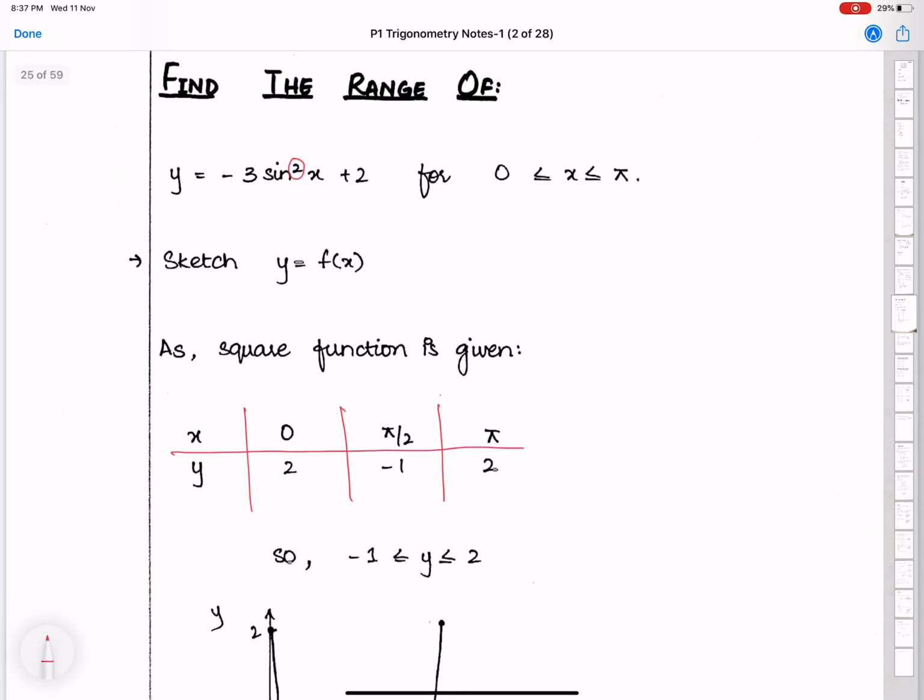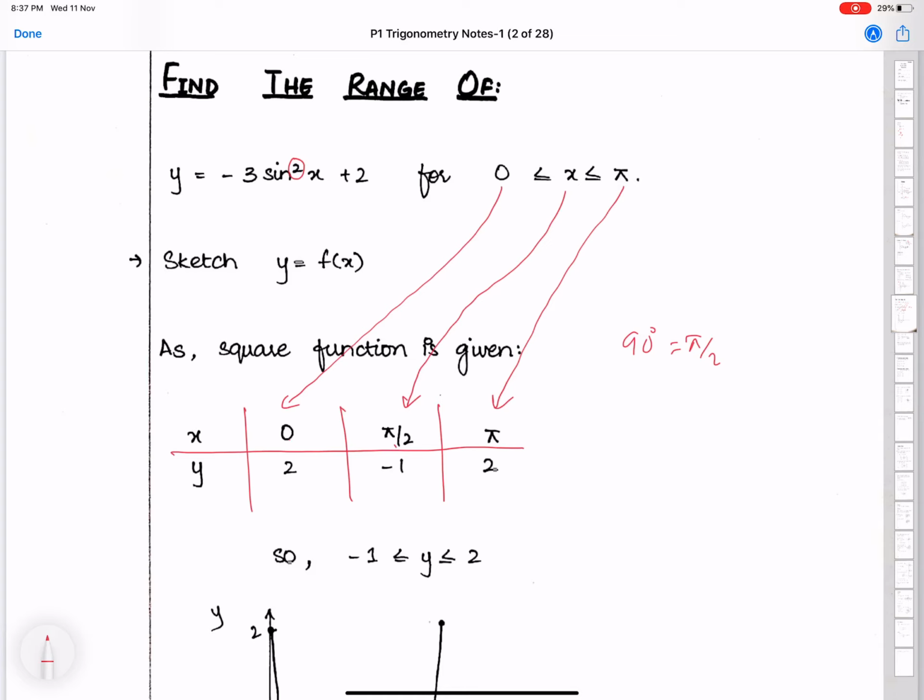This is the best way to get the range. So for the range, you need to use the minimum value of x, the maximum value of x, and the middle value, because this is a sine curve and the interval width is 90, pi by 2. So 0, pi by 2, pi.